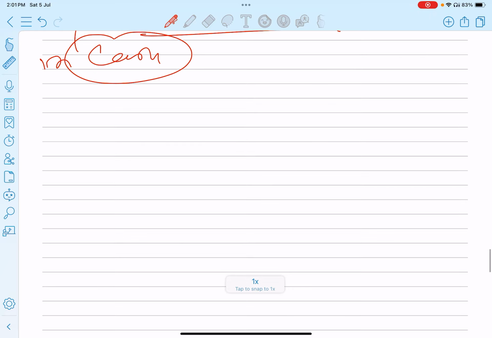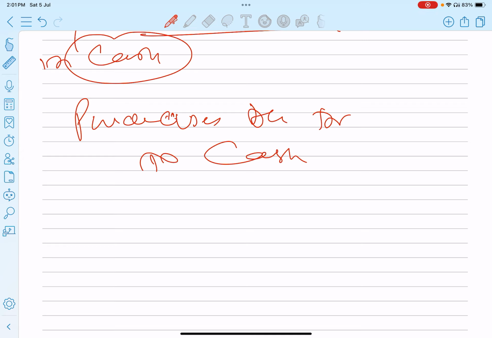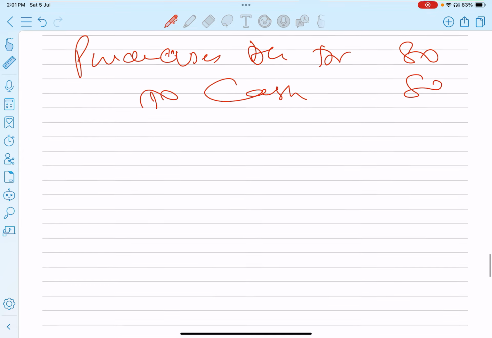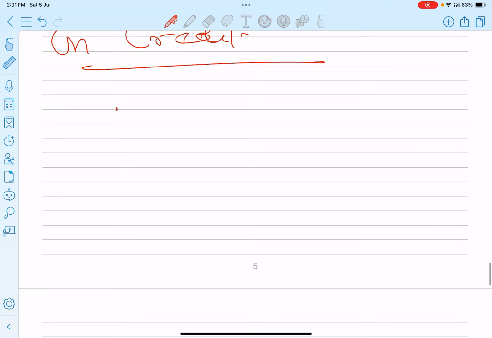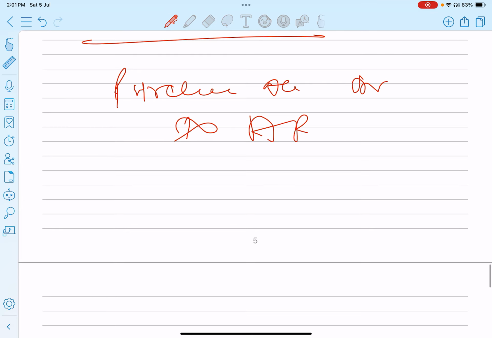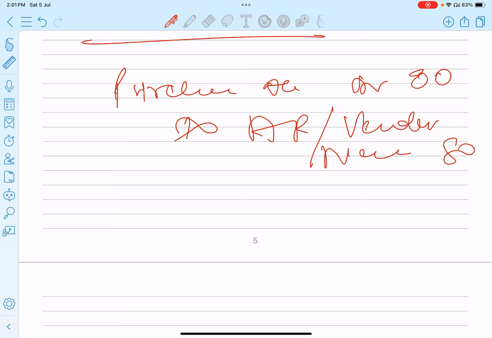It means that you will say purchase account debit to cash, say 80 dirhams. Now on credit, it will be purchase account debit to AP or vendor name. In my question it is 80.